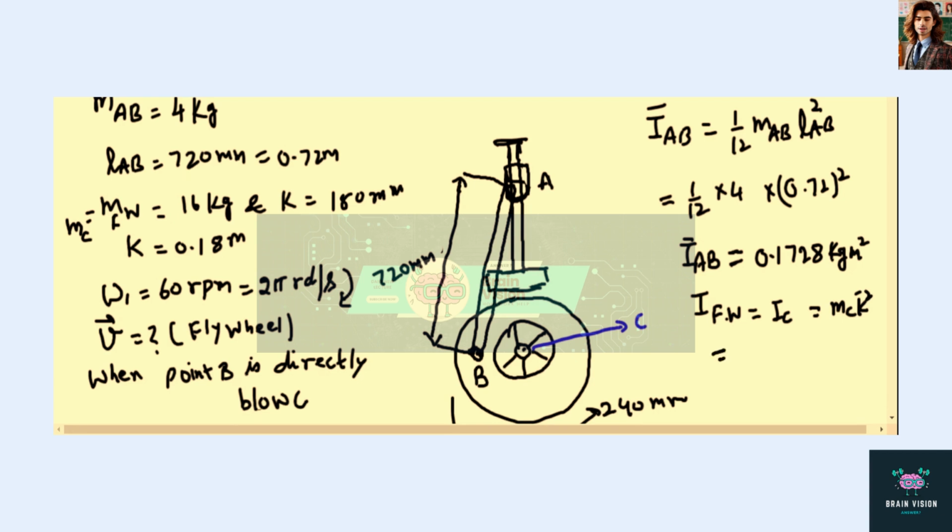Substitute the value. Mass is given 16 kg. Radius of gyration is 0.18. So you will get moment of inertia of flywheel is 0.5184 kg meter square.